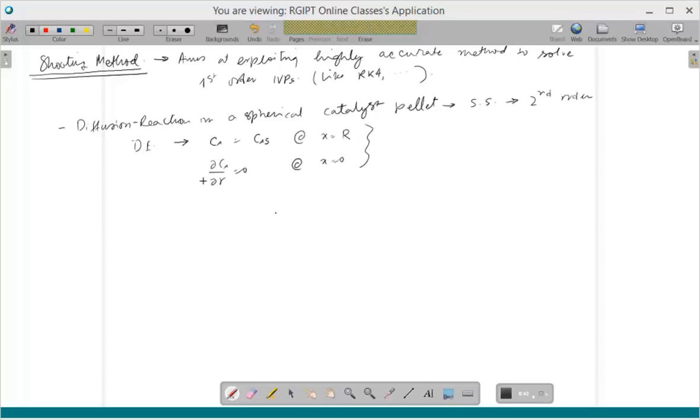So this is an example where I do not have the value itself specified at both boundaries. You have values as well as derivatives specified. So this is a kind of mixed boundary condition. Well, basically Neumann at x equal to 0 and Dirichlet at x equal to R.